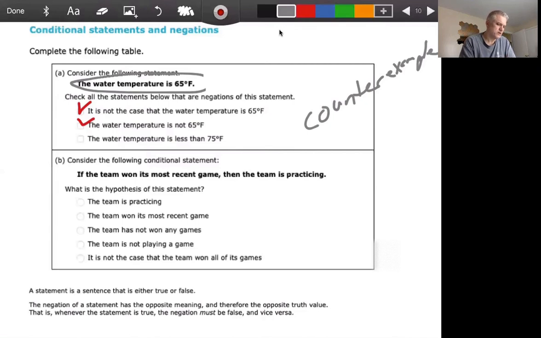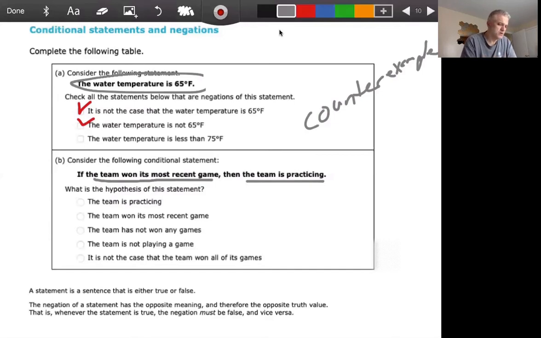If the team won its most recent game, then the team is practicing. What is the hypothesis? Remember, the hypothesis is the part that is given. It's usually after an "if," or it's just the P part of the statement.